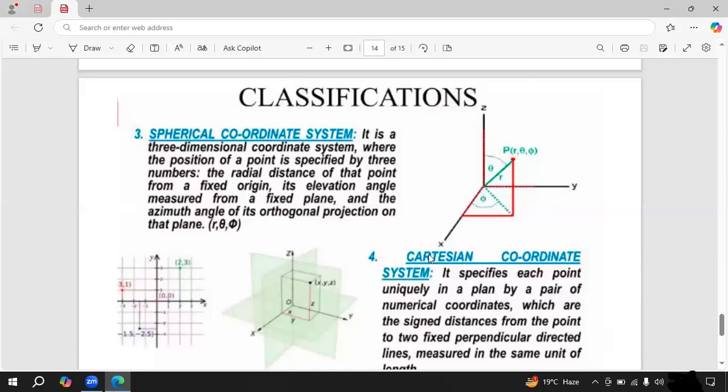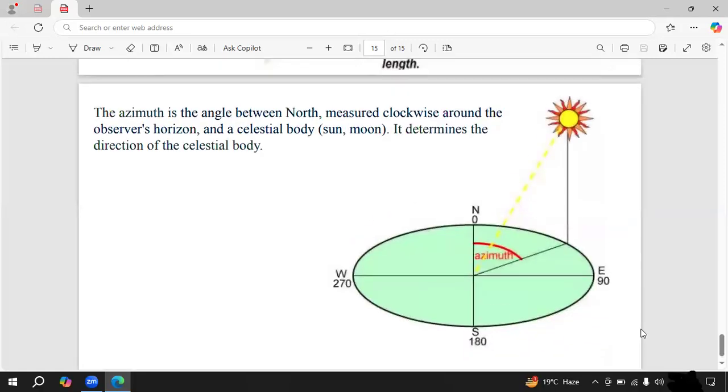Before proceeding, you have a fourth classification that is very well known among all of us, the Cartesian coordinate system.